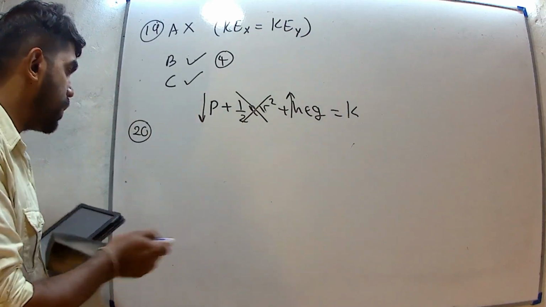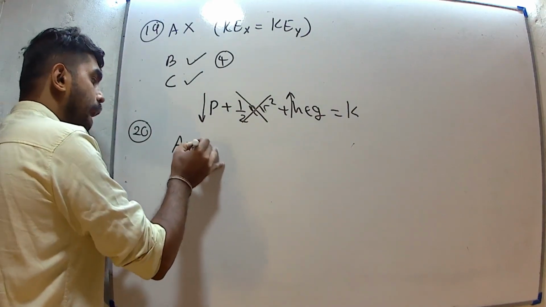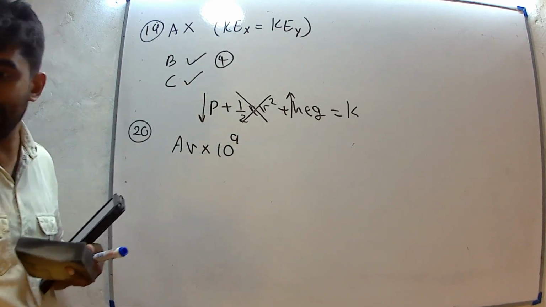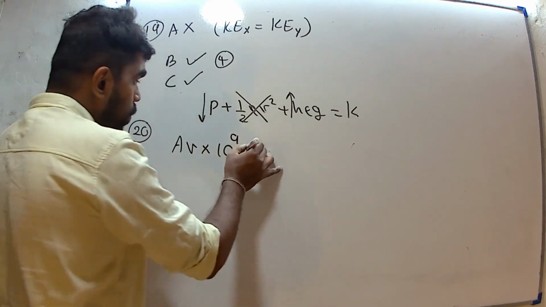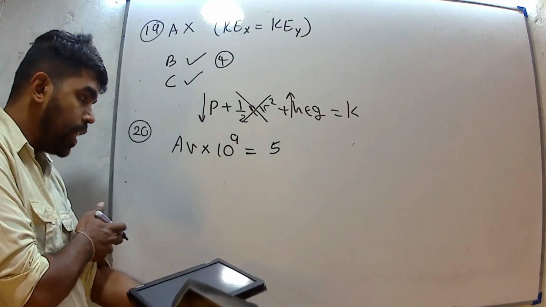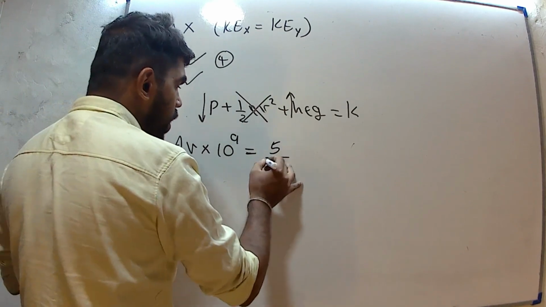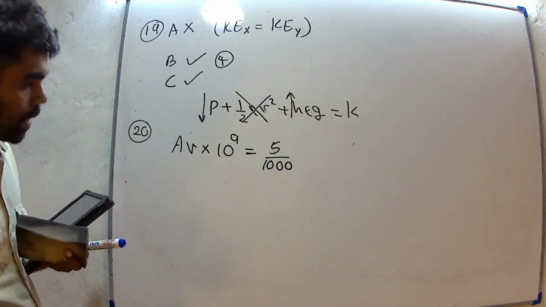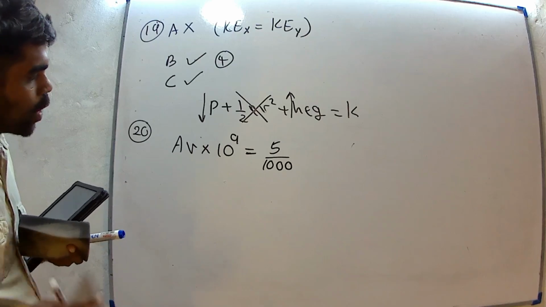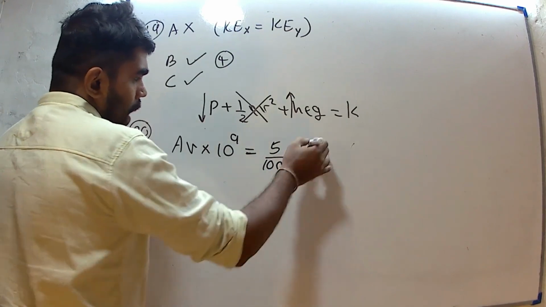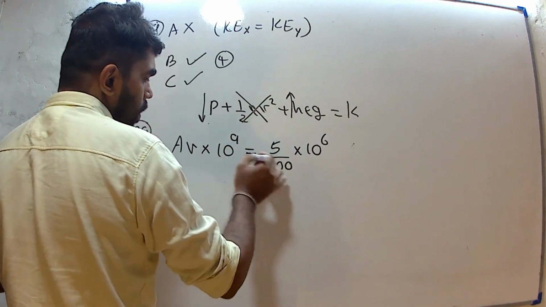We can write A v times N, the number of capillaries, 10 to the power 9. A v times the number of capillaries should equal 5 liters per minute. It means 5 divided by 1000 cubic meters per minute. Then we can convert cubic meters to cubic centimeters, so we multiply by 10 to the power 6.